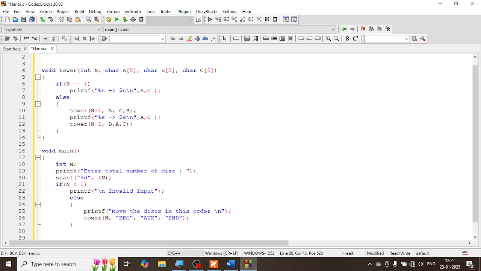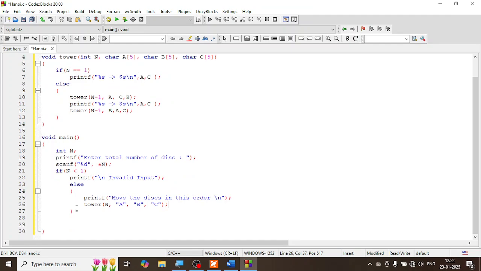Whatever they say, you just do it. But first start with ABC, because it is easy to type ABC, is it not? If your external examiner says that no, you put beginning, auxiliary, and end, just change the name here.